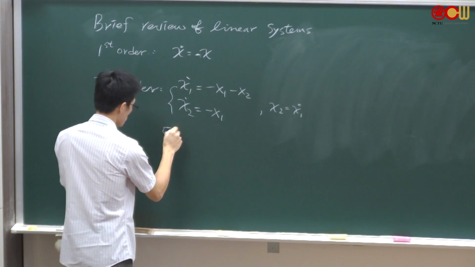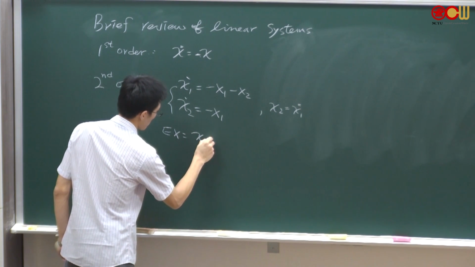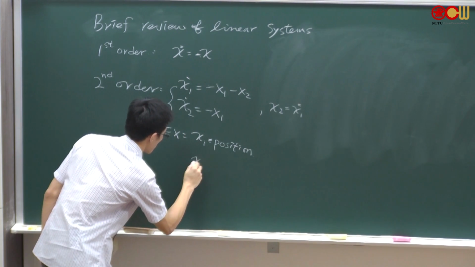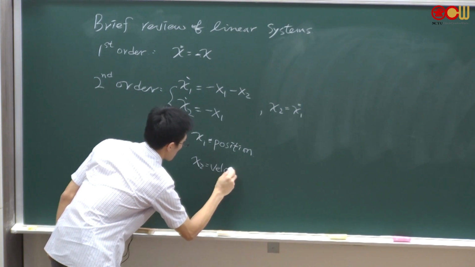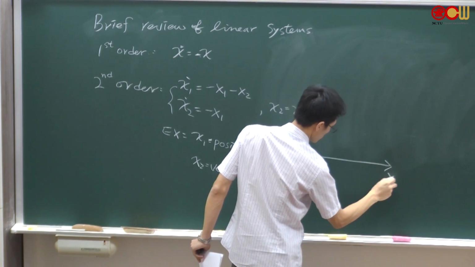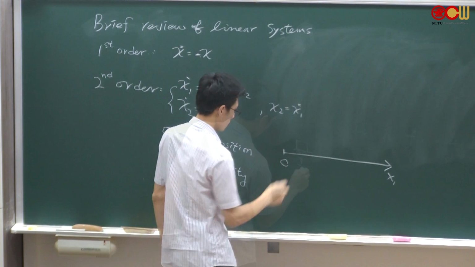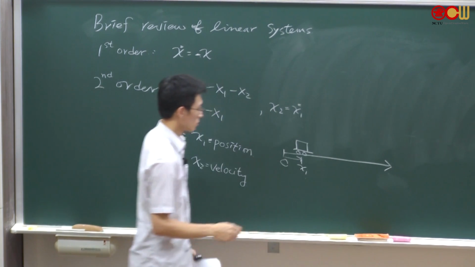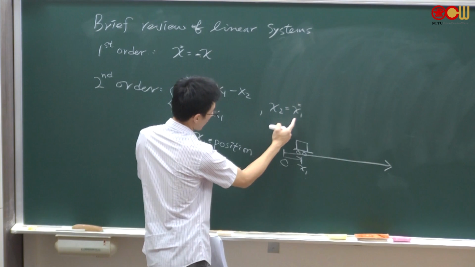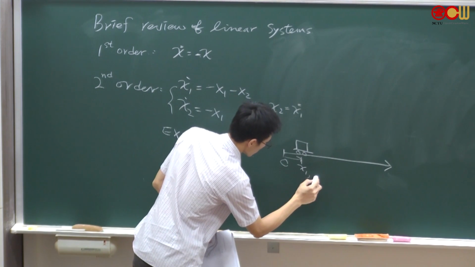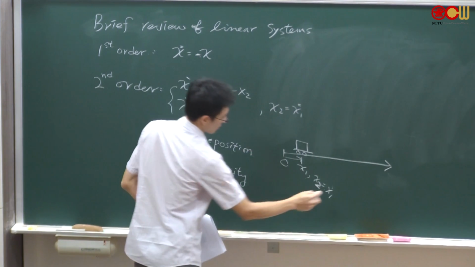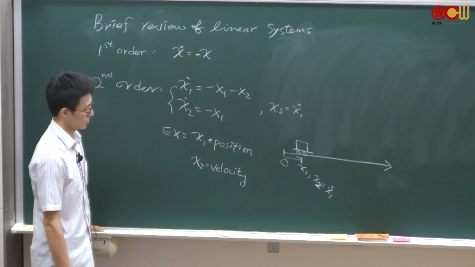So imagine, if you have a car, the position of the car will be x1, and x1 dot will be x2, right? So x2 will be the x1 dot.